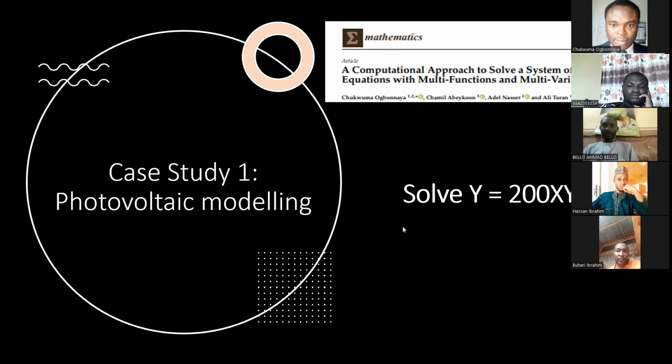Okay, so that's about that. Like I said, you can download this paper and read about how I propose that we solve systems of transcendental equations. Even if it is not in photovoltaics, you can use my recommended approach to create your computational model and then solve such equations.